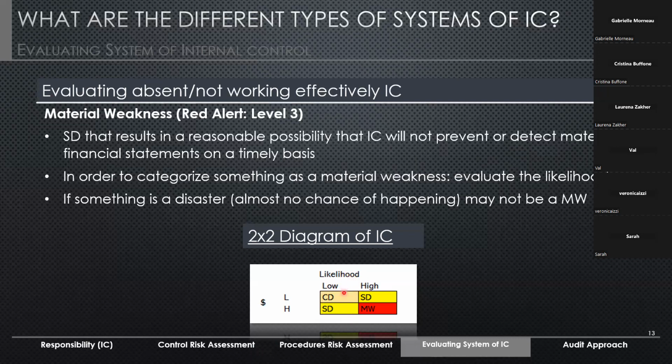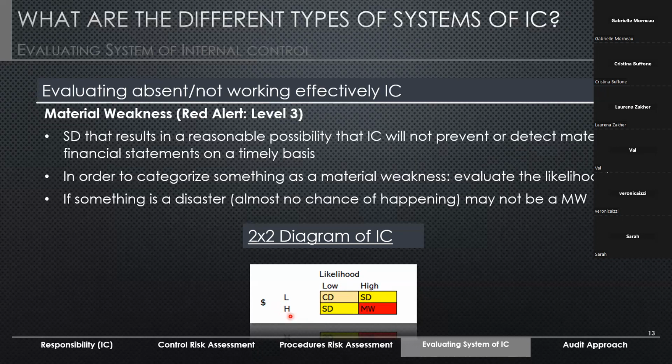So if you look here, if the likelihood is low and the dollar amount is low, we're talking about a control deficiency. If the likelihood is high and the dollar amount is low, then it's a significant deficiency.